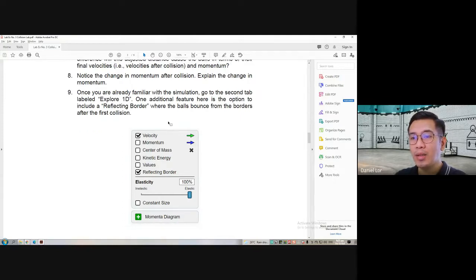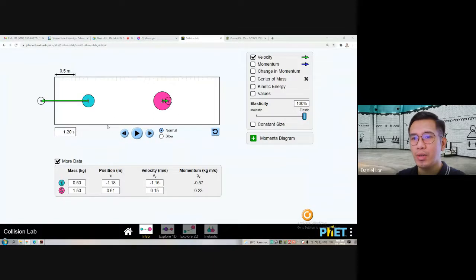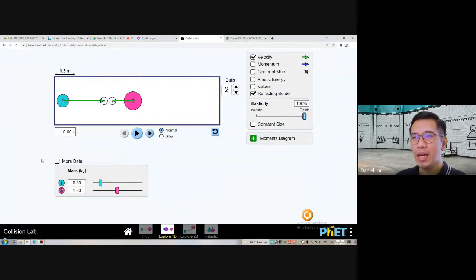In Explore 1D, there is one additional feature here, which is the reflecting border, wherein the ball can bounce off the border after the first collision. When we click on Explore 1D, the interface is still the same. The reflecting border is added, wherein once clicked, the ball will bounce off our border.